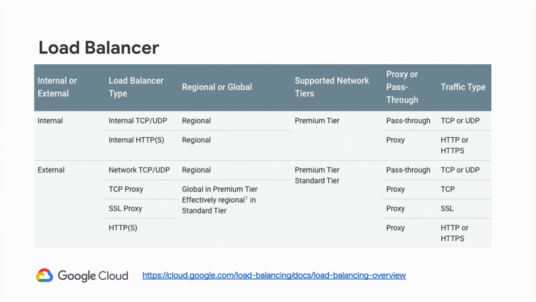We have regional and global load balancers, and you use the global load balancer when you are distributing traffic across multiple regions. And customers love it when your entire app for the globe is available via one single global IP address. And it's all under Google's premium network tier.